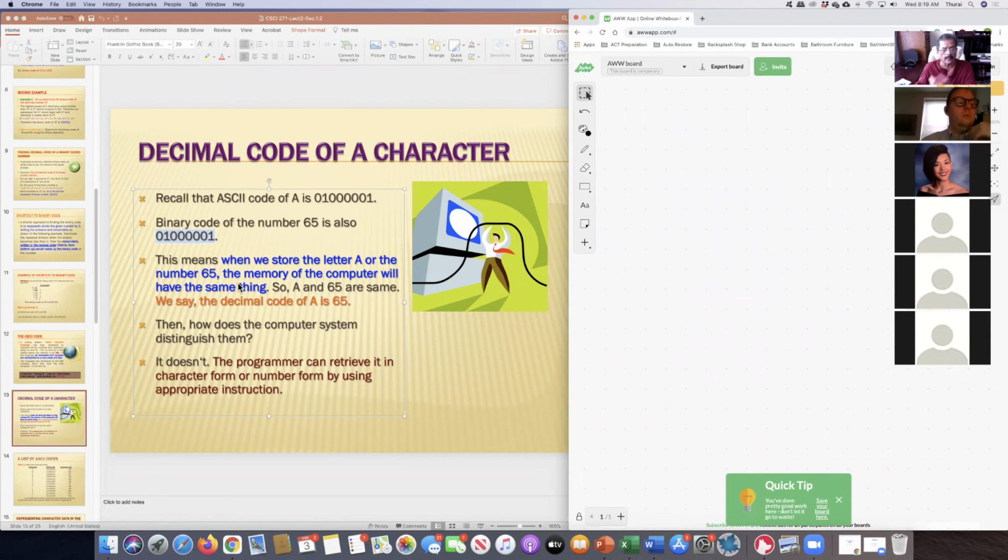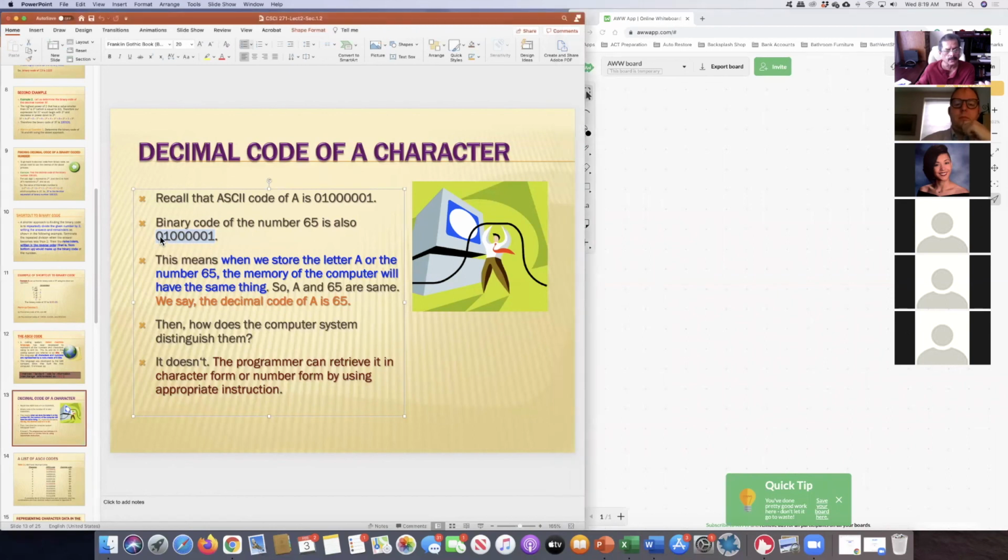If you want to, you can convert it to the opposite format. Like if you store the 65, then this binary code will be stored, and if you want to get it out as a character A, you can do that too. So it's all the programmer who manipulates how to work with that and what to get out. Even if you do arithmetic with these characters, the computer will do it because it doesn't know whether you're doing arithmetic with characters or numbers.